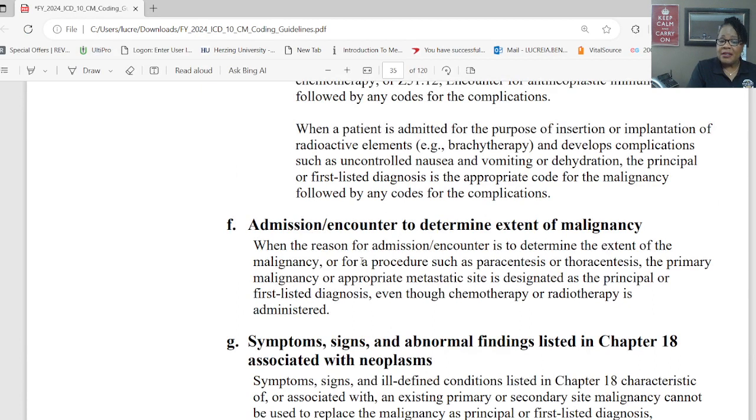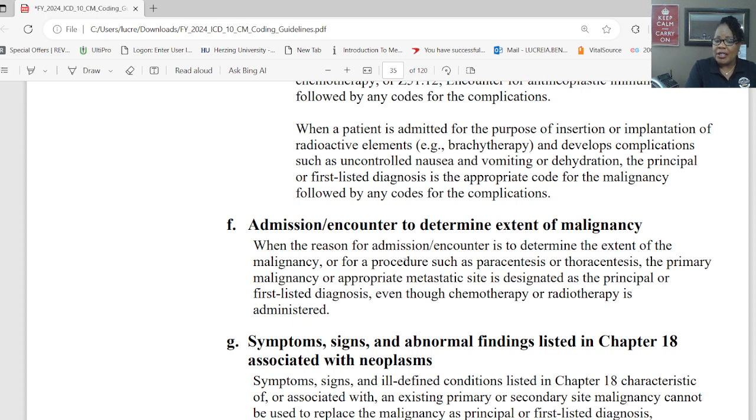When the reason for admission or encounter is to determine the extent of the malignancy, or for a procedure such as paracentesis or thoracentesis, the primary malignancy or appropriate metastatic site is designated as the principal or first listed diagnoses, even though chemotherapy or radiation therapy is administered.